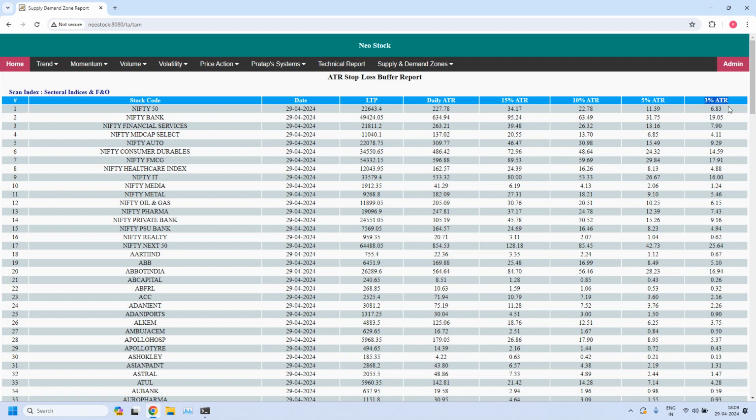And the first 17 in this list are indices, sectorial indices. Remaining all are equity stocks listed in the F&O segment. I keep on scrolling this list down, giving you a few seconds. Whichever stock you want to refer to, pause the video and you can refer to the stock.